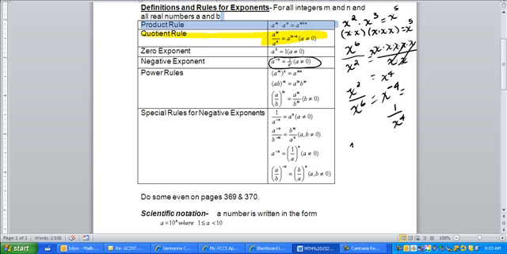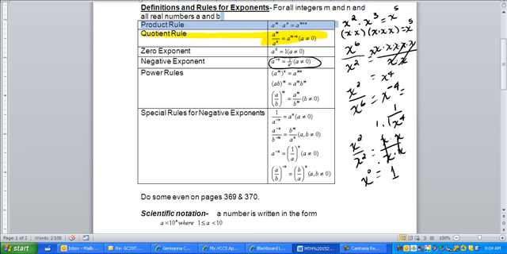It's like if you had x squared over x squared. We would get 1 over 1, which is 1. And notice 2 minus 2 would give us x to the 0. So x to the 0 is defined to be 1, as long as the base is not 0. Okay, power rules.